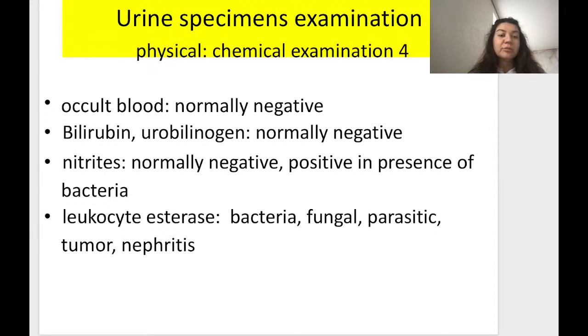We check for occult blood, normally negative; bilirubin and urobilinogen, normally negative too; and nitrates, normally negative, positive in the presence of bacteria. Leukocyte esterase can be present in bacterial infection, fungal, parasitic, moreover in tumors and nephritis.